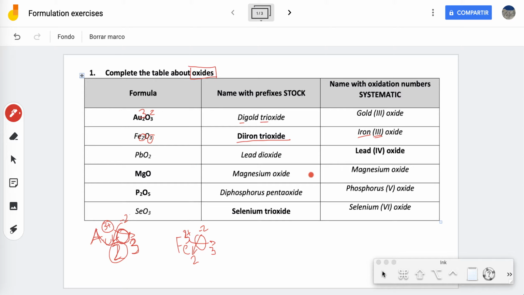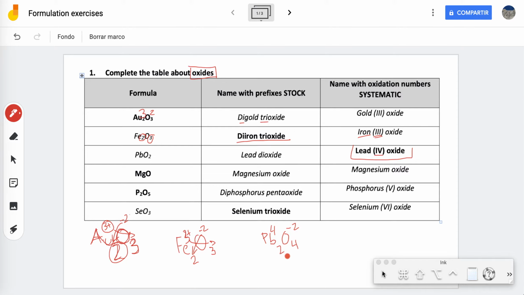Next, what do we have? We have this name, lead 4 oxide. So lead will be Pb and oxide. They're telling me that Pb is 4, and I know that oxygen has -2. This 4 will go close to the oxygen, and this -2 will go close to the lead.